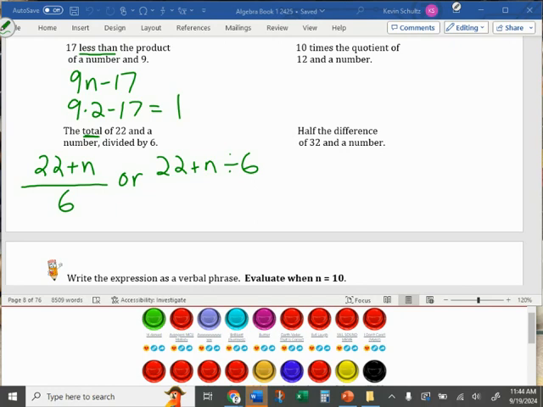Otherwise, we'll only be dividing n by 6, not the total, not the sum of 22 and n. So both ways mean the same thing. Vertically, you don't need parentheses. Horizontally, you do. Okay? Either way, you end up with 22 plus 2 divided by 6, or 24 divided by 6. Or you get 22 plus 2 in parentheses, which is 24, divided by 6.